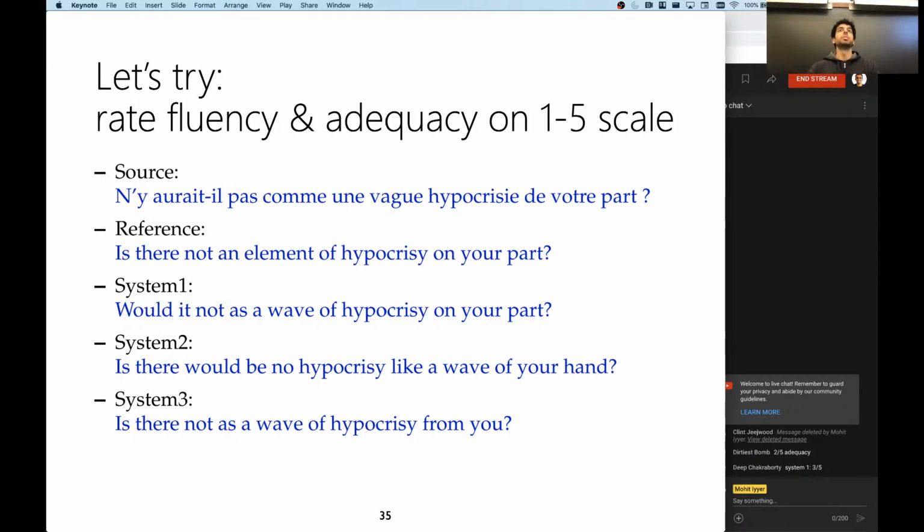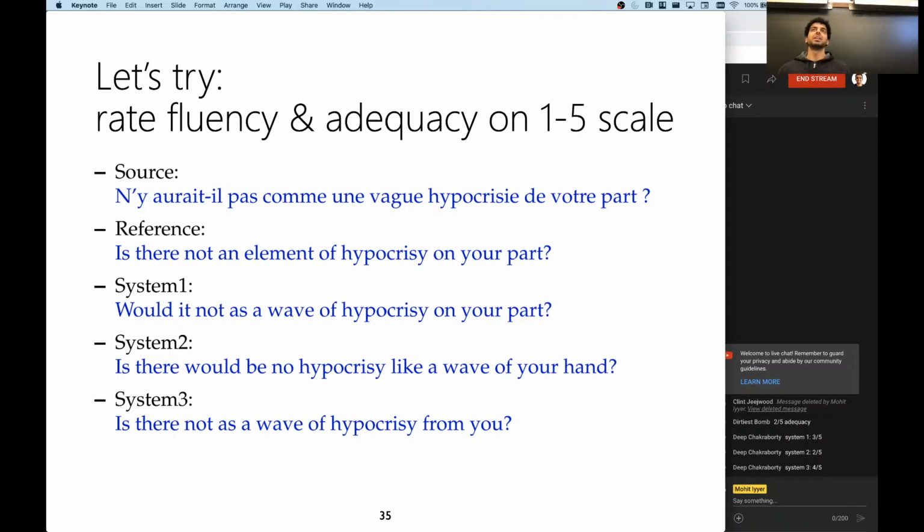If you think this is a 1 out of 5 on fluency, raise your hand. What about a 2 out of 5? 3 out of 5? 4 out of 5? So again, we got very little agreement. I mean, everyone was roughly between 1 and 3, but it was pretty evenly split.